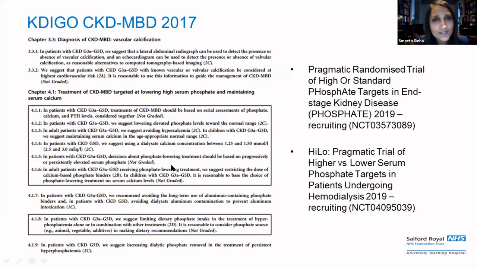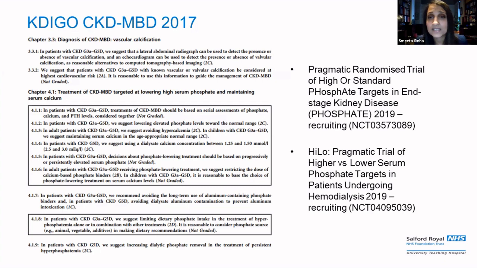But this evidence is not graded or is 2C data, so not the strongest. Certainly not anything the cardiologist would be interested in from a calcification point of view. But I think we are learning and we are trying to test our assumptions. And there are two large trials currently recruiting.